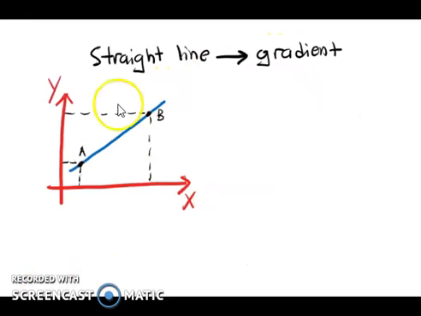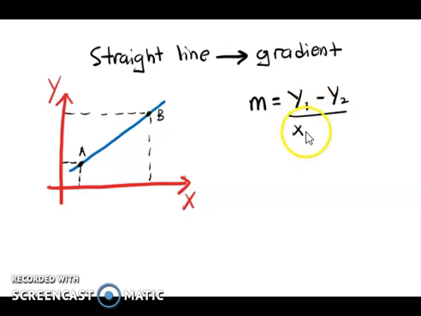Now let us look at this. For this straight line, to find the gradient, we will use m equals y1 minus y2 over x1 minus x2. Okay, this is the formula to find the gradient.